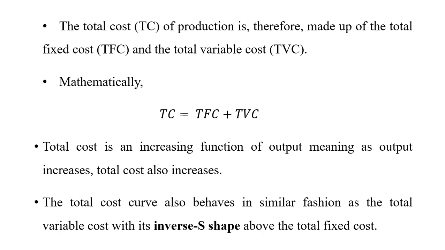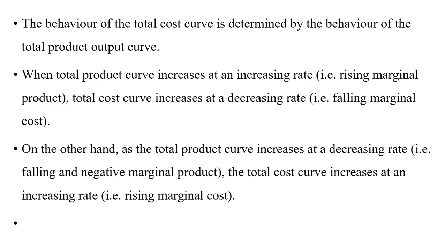As I said, total cost is an increasing function of output, meaning as output increases, total cost also increases. The total cost curve also behaves in a similar way as the total variable cost, with its inverse S shape above the total fixed cost.